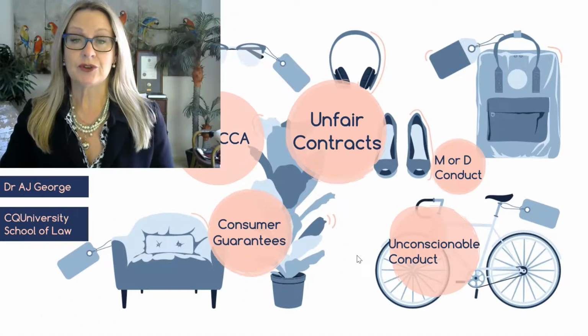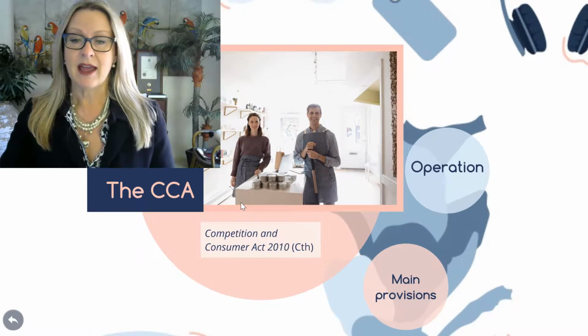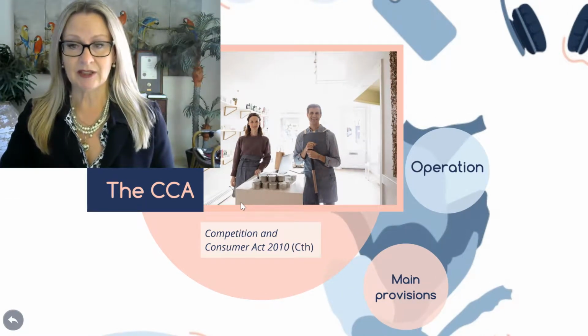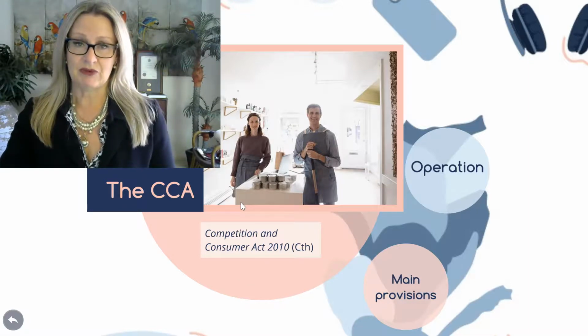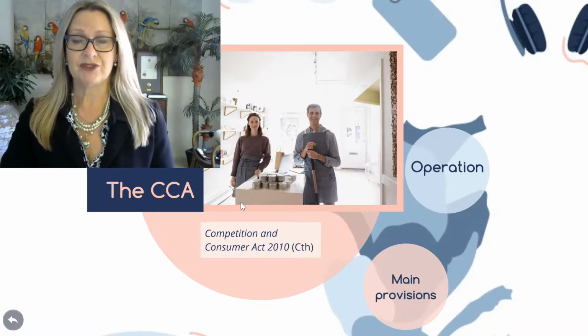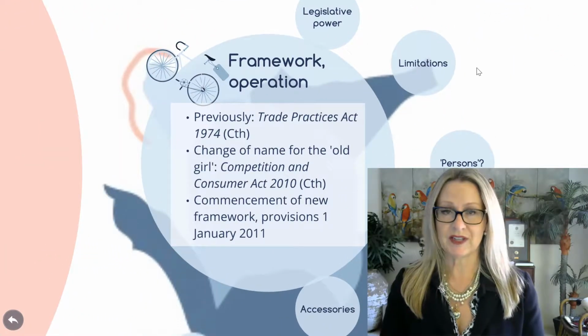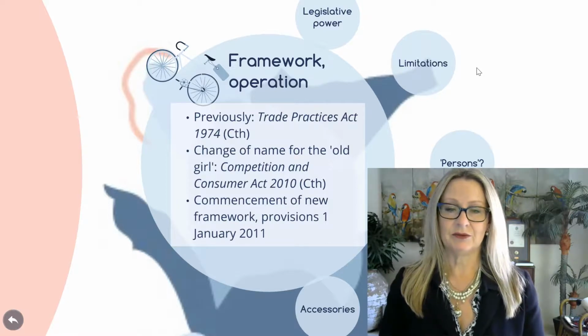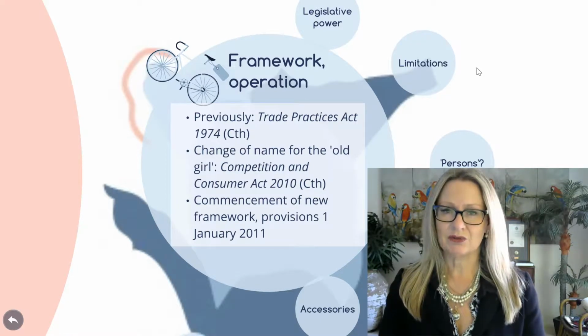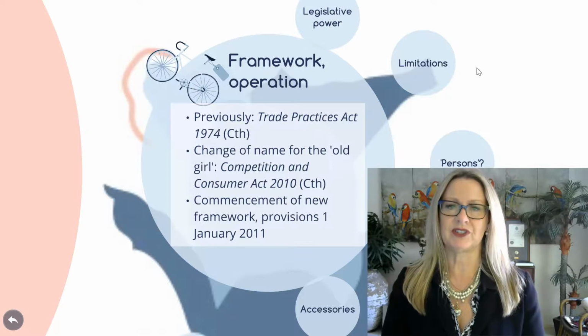First of all, what we need to do though is have a little look at the Competition and Consumer Act, how it's set up, how it operates legislatively speaking, and what the main provisions are of interest in this video series. Now, the first thing I want to say about the Competition and Consumer Act is really that it's quite a remarkable piece of legislation.